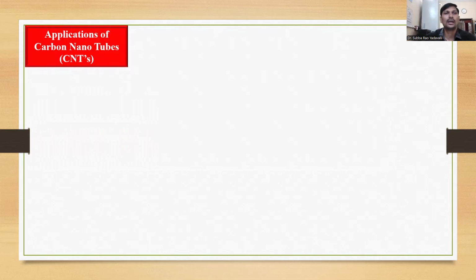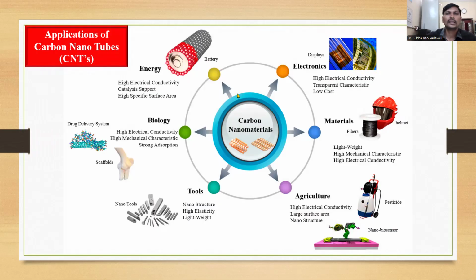Now coming to the applications of carbon nanotubes. I am showing here the general applications of carbon nanotubes. Carbon nanotubes are widely used in energy storage devices, for example batteries and capacitors.